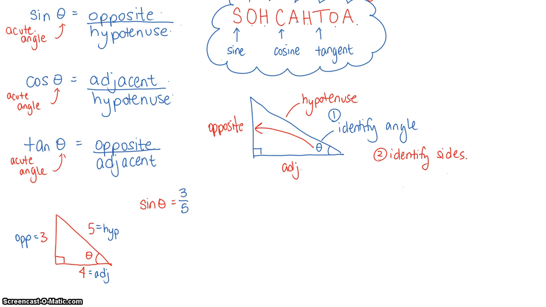Now, please keep in mind, this is a ratio. Ratios can be expressed as decimals. So sine of theta is going to be the same thing as 0.6. They mean the same thing. You can always convert a decimal into a fraction and a fraction into a decimal.